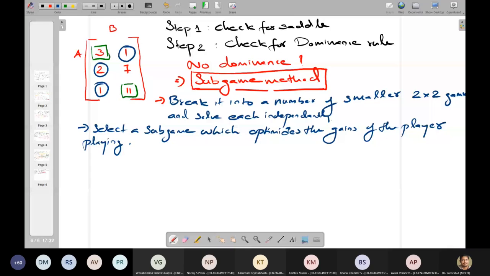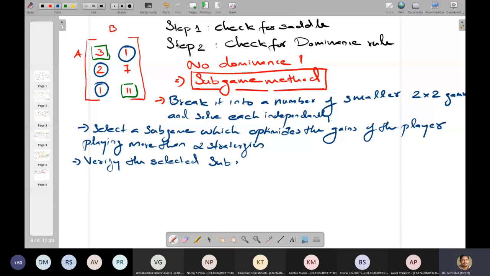Okay. And finally, verify the selected subgame for optimality. Okay, so that is the procedure.